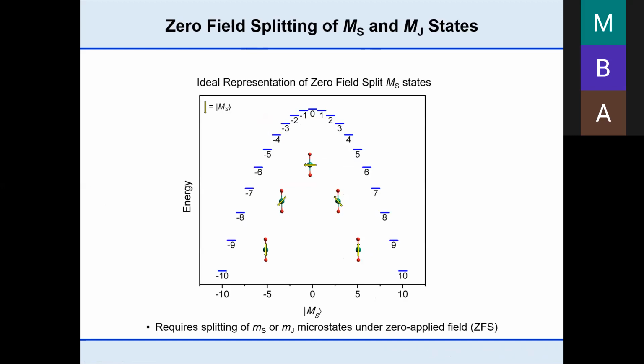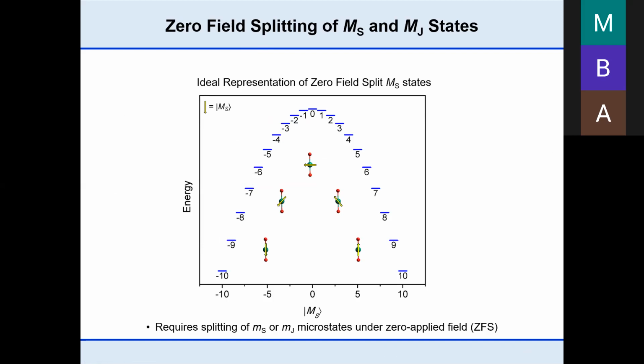Okay, so that brings us to single molecule magnetism. Single molecule magnetism differs from bulk magnetism in that what gives rise to the permanent magnetism of single molecule magnets is what's known as zero field splitting.